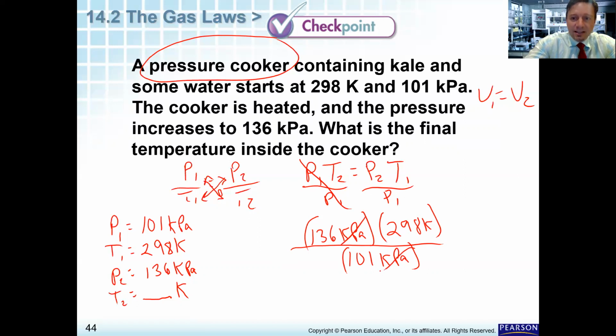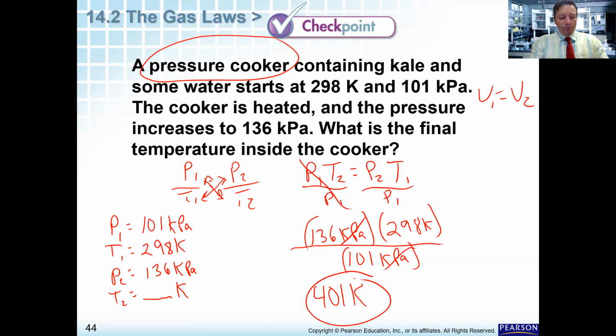My kilopascals cancel, that leaves me in Kelvin, which is what I'm solving for. So I get my calculator and I go 136 times 298, and divide that by 101. My answer comes out to 401.267, but how many sig figs? I got 3 sig figs, so I'm going to round my answer to 401 Kelvin. So 401 Kelvin is my answer.